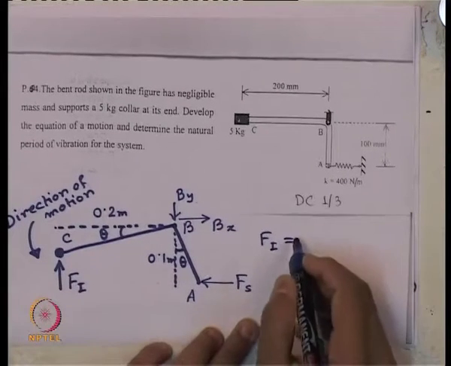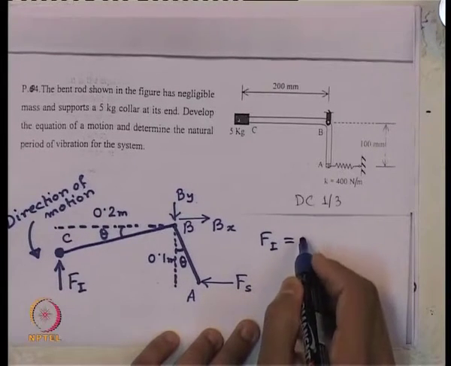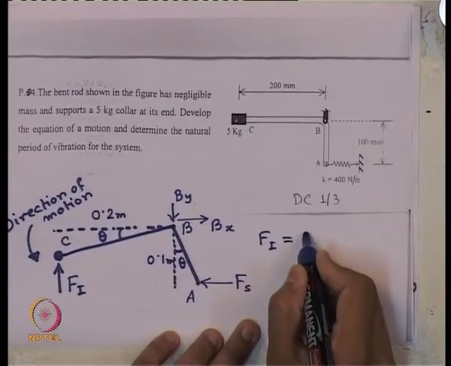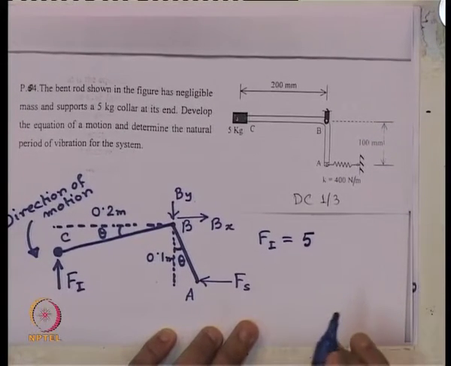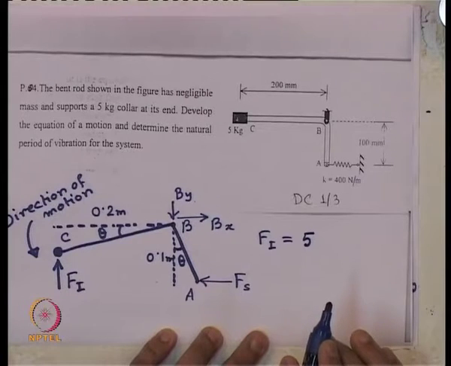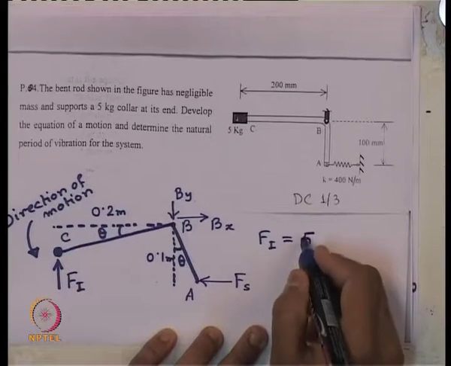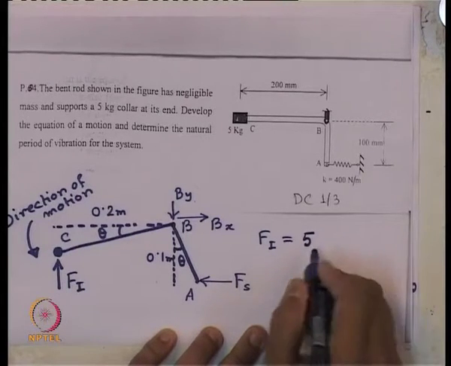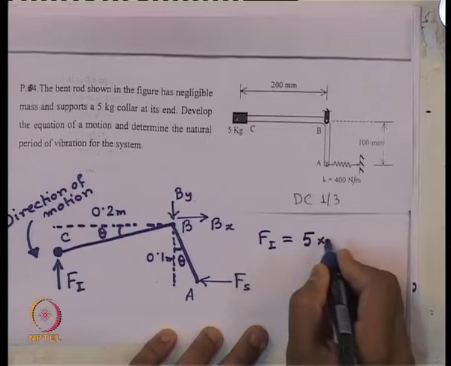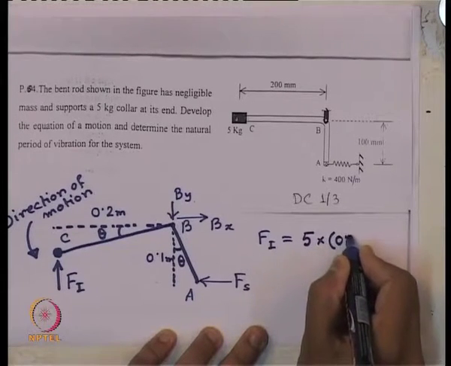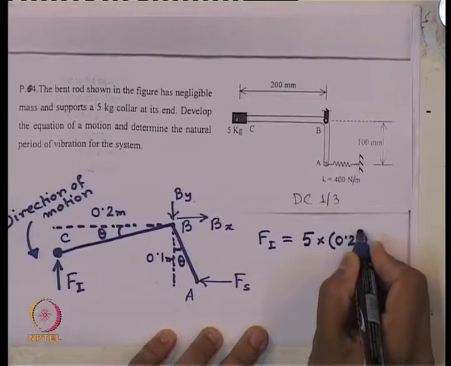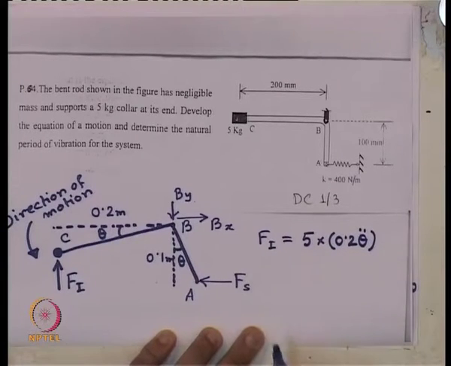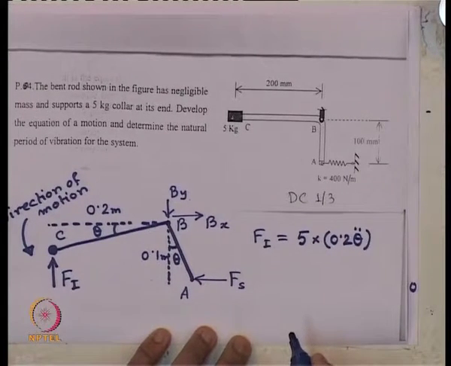So, F_I will be, mass is how much? 5 kg. So, we know what the SI units of m, c and k are, so kg we need not convert to anything. 5 times 0.2 theta double dot, that is our F_I.